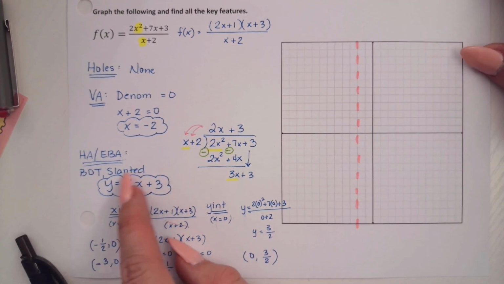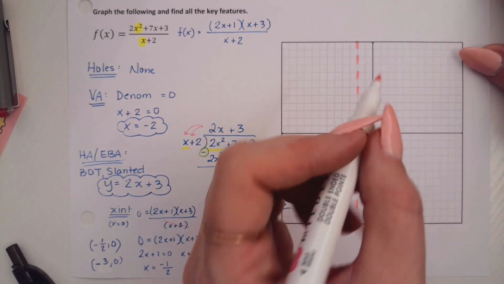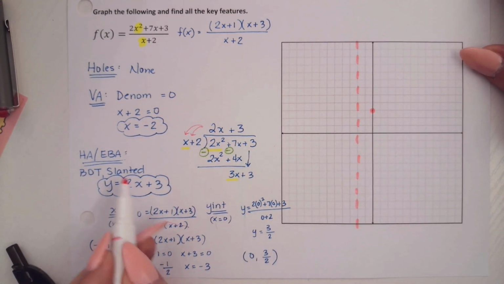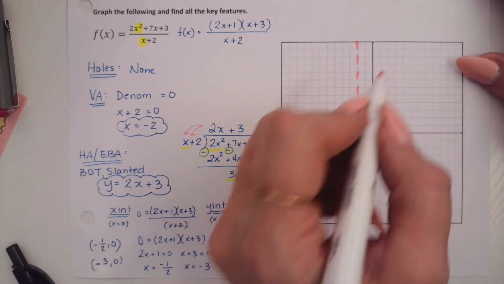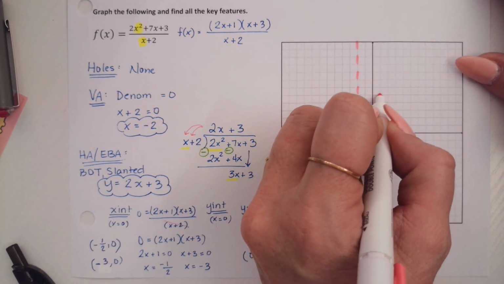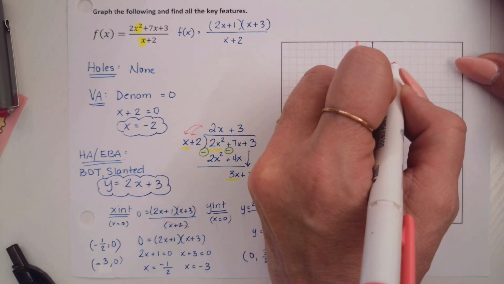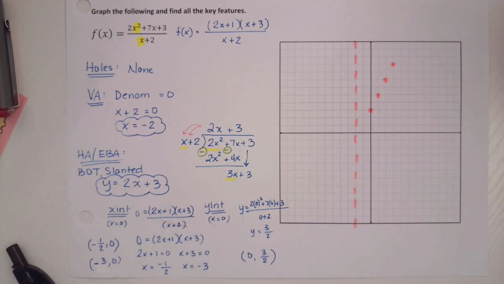The y-intercept. What's my y-intercept at? 3. And then my slope is 2, which means what for my graph? Up 2, right 1. If you have an ID badge or a note card or a ruler or just a steady hand, you can draw that line.